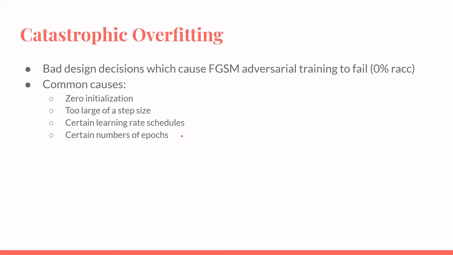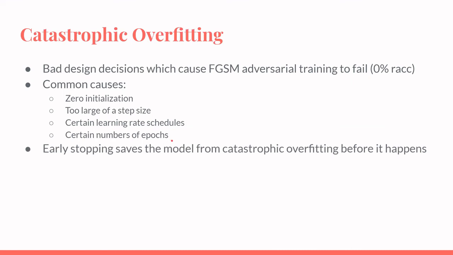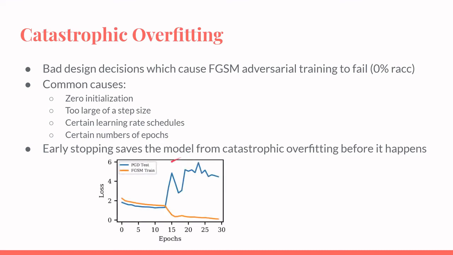The number of epochs is interesting because the authors also plot this, and they say the solution would be to early stop the model. Here we can see the graph showing loss versus epoch for FGSM training, shown in orange, and then the PGD testing.